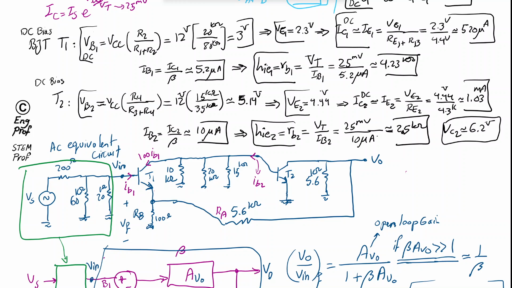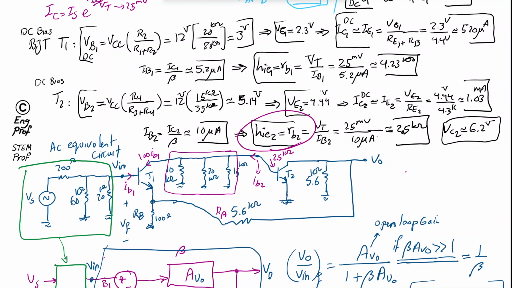To find it, we just need to consider these three resistors and the effective resistance we are observing from the perspective of the base, which is 2.5K. So it's a current division, basically: we have 100 IB1 divided between these resistors and the base of transistor T2, with just 2.5 kilo ohm, RB2.